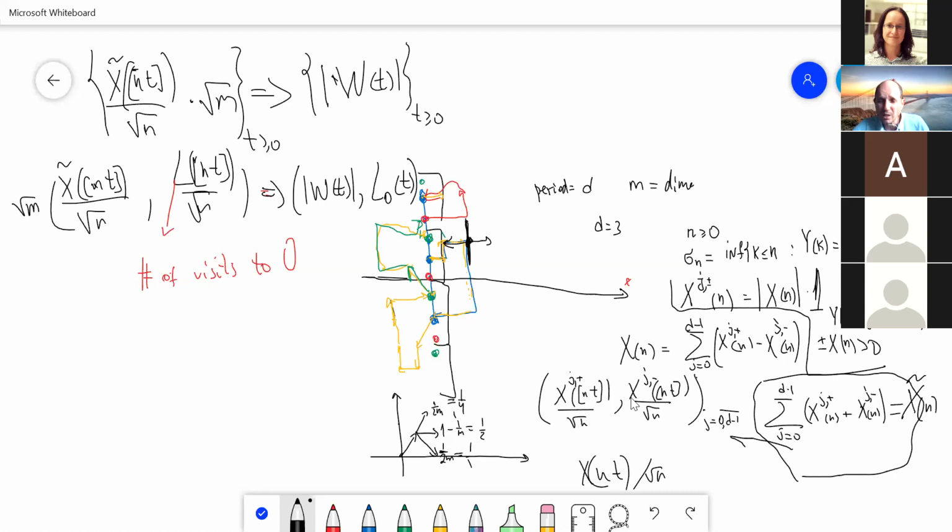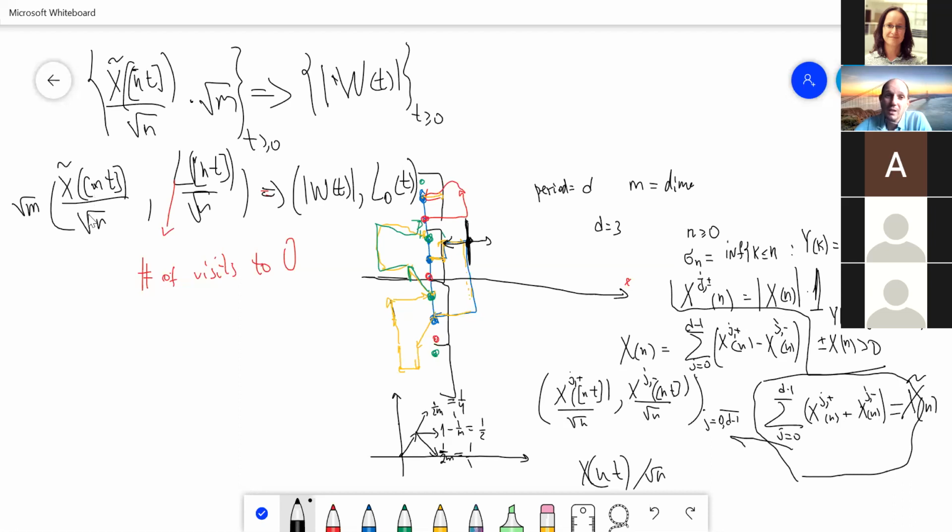And it can be seen that the modulus of continuity of this sequence can be bounded from above by the modulus of continuity of the sequence x with tilde, maybe multiplied by 2.